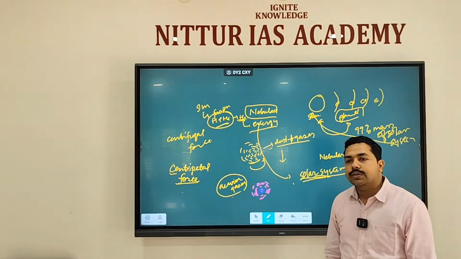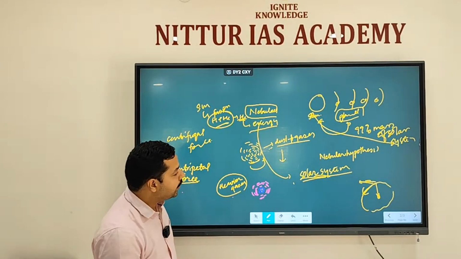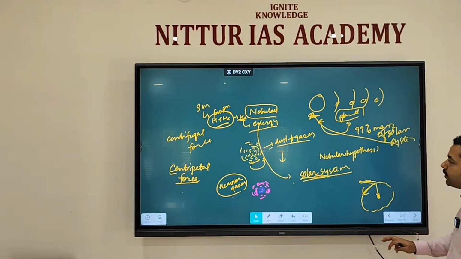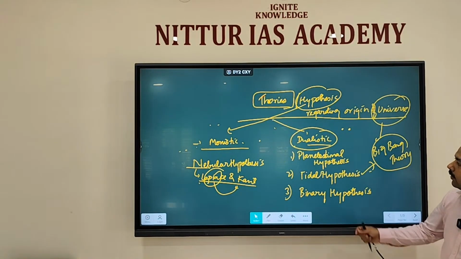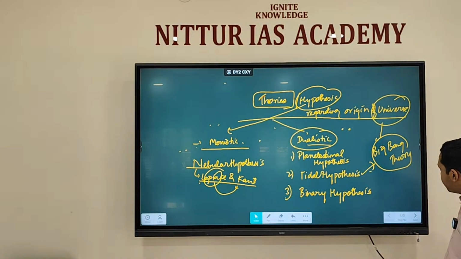Clear? Any doubt? So this part is called the nebular hypothesis. Clear? The second theory that you are finding is the planetesimal theory. What is this theory?